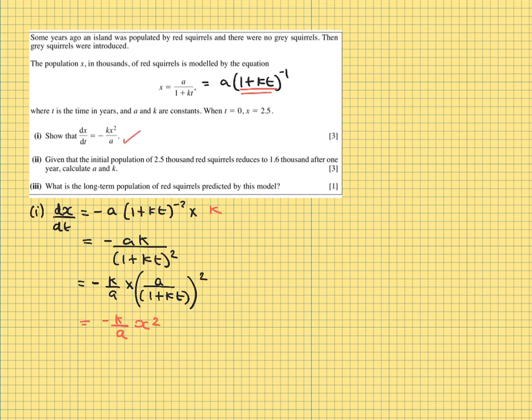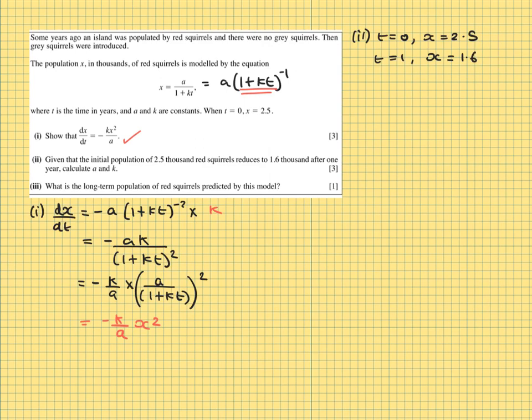Now, part 2, given that the initial population of 2.5 thousand red squirrels reduces to 1.6 thousand after 1 year, calculate a and k.